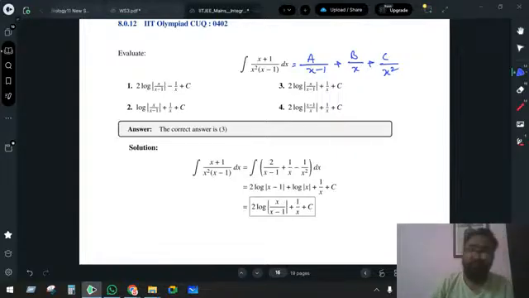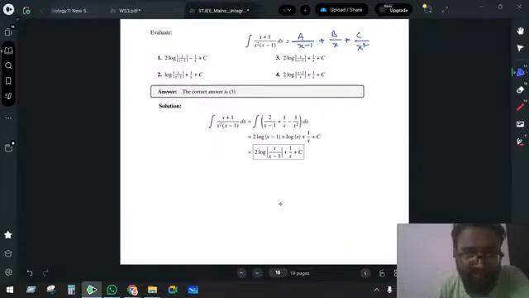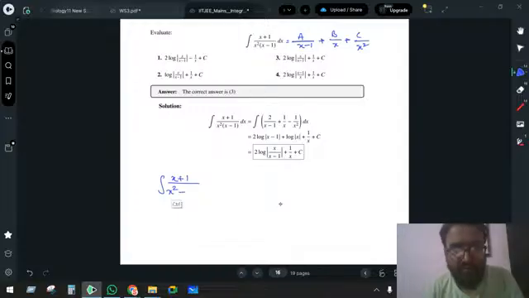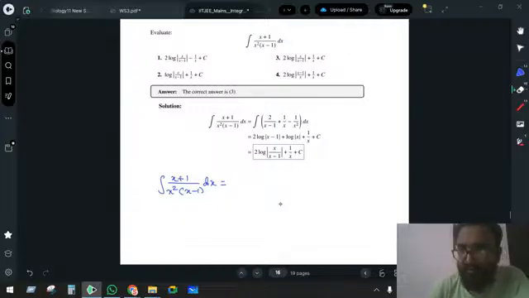Hmm. So now what happens? I will solve these problems here. So integration of x plus 1 by x square into x minus 1 into dx. Okay, I will rub this, and I will show how we got from this portion to this portion.